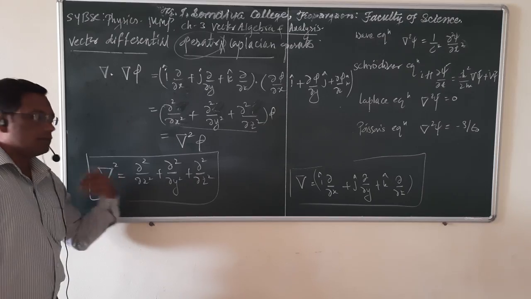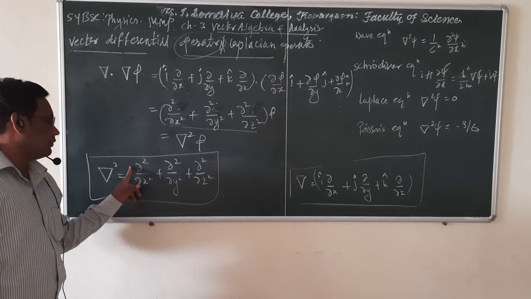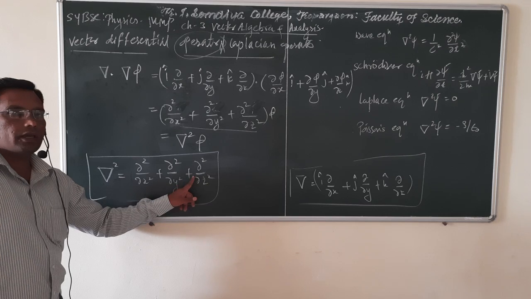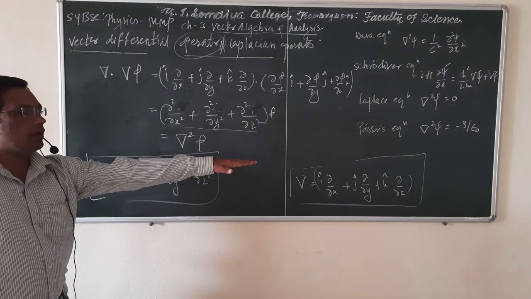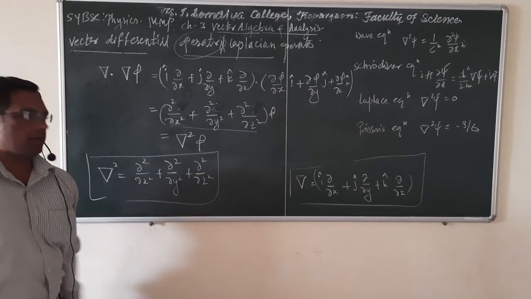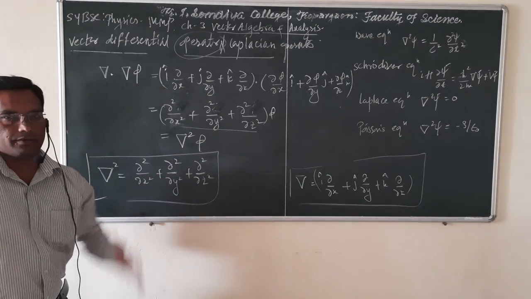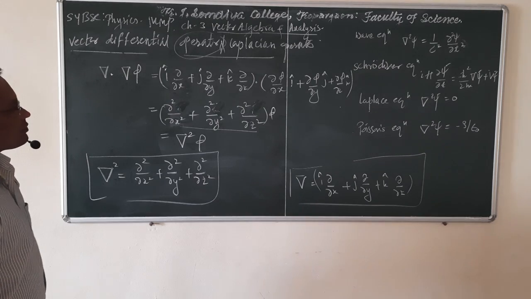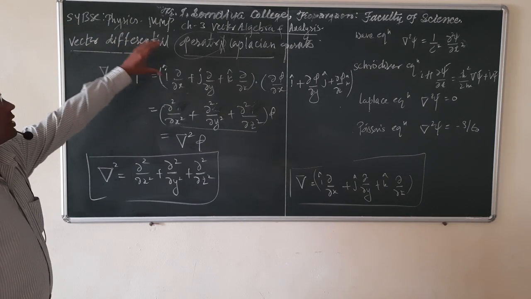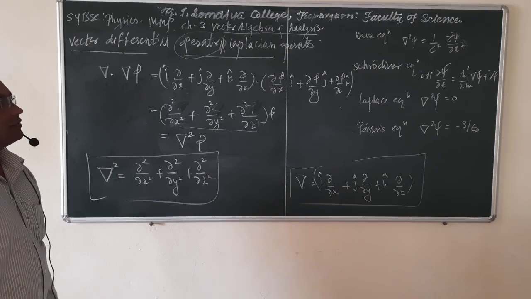As I told you, this is a scalar operator because here we don't have any i cap, j cap, k cap coefficients. In the vector differential operator, we have those coefficients i cap, j cap, and k cap. That's why this is a scalar operator and that is a vector operator. Now, that point about the vector differential operator and Laplacian operator is finished.